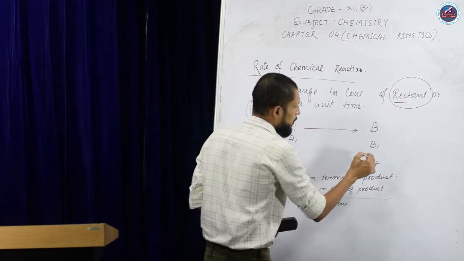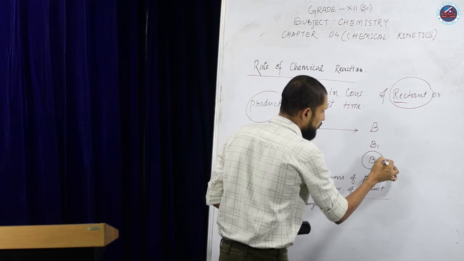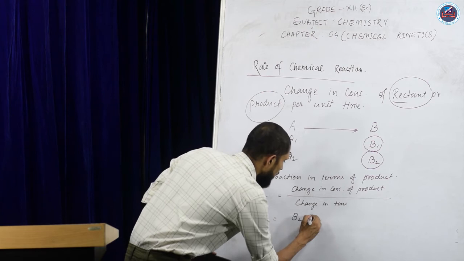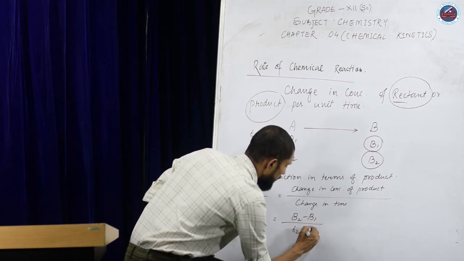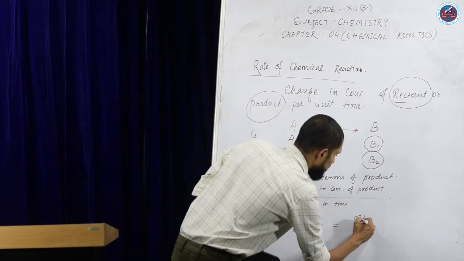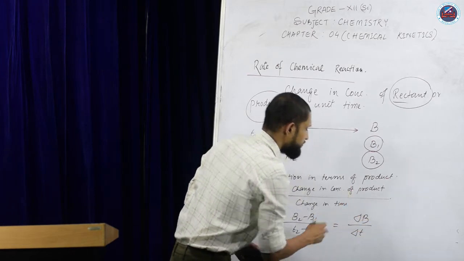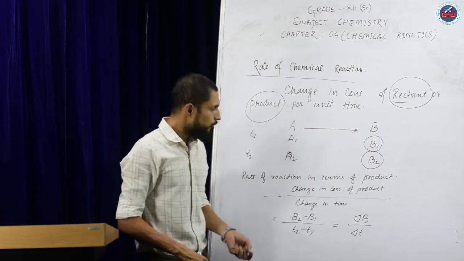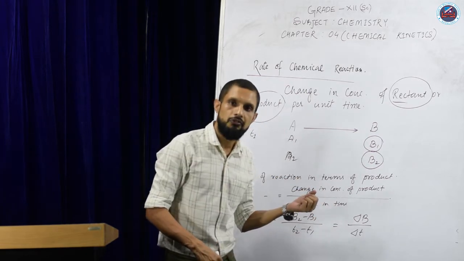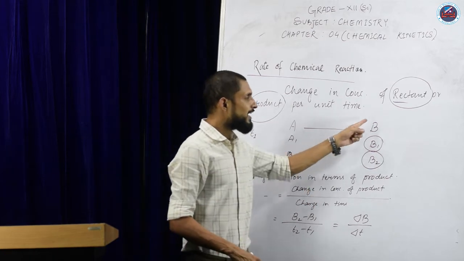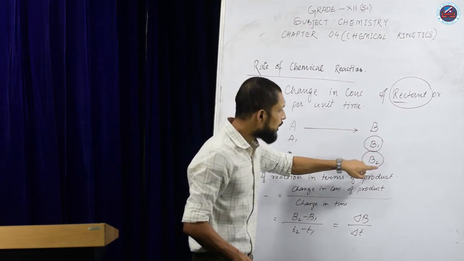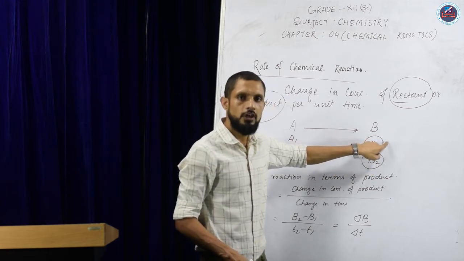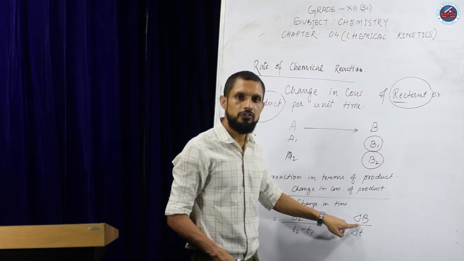So if we check the product, the final concentration is B2, initial concentration is B1. So it will be B2 minus B1 by T2 minus T1, which is equal to delta B by delta T. Now when you are writing the rate of reaction in terms of product, you don't need to multiply here by negative sign, because in case of product, the final concentration is always greater than the initial concentration. So the difference is always positive.